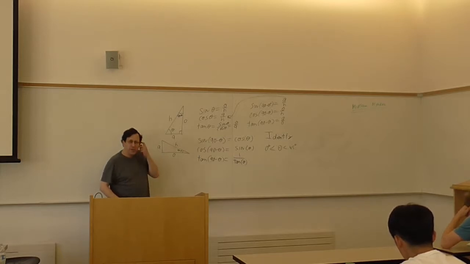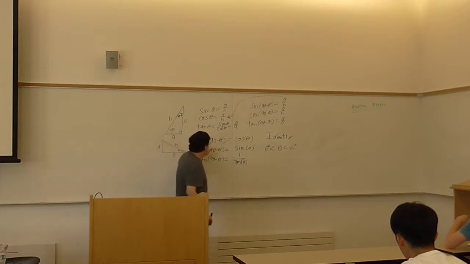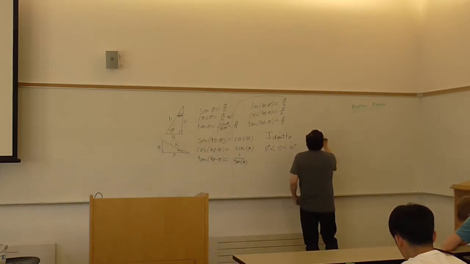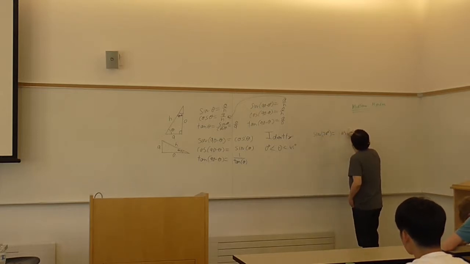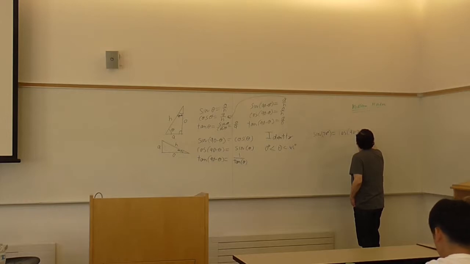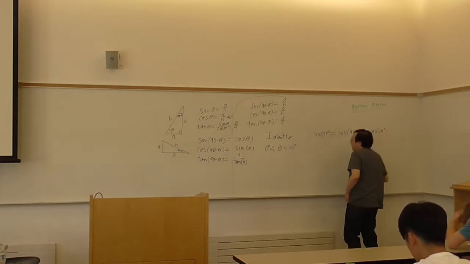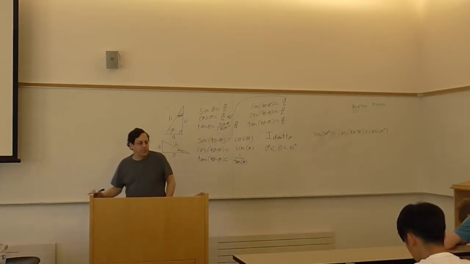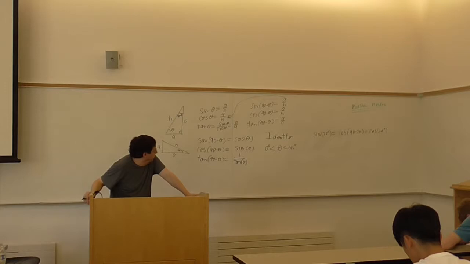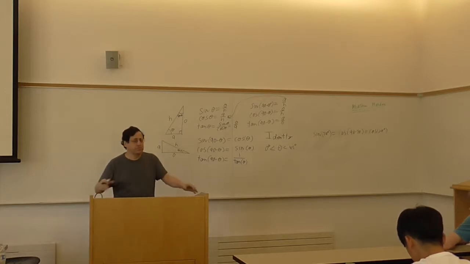So if we wanted to find, let's say, the sine of 70 degrees, well, that's equal to the cosine of 90 minus 70, or cosine of 20 degrees. So we really only need these values between 0 and 45 to have the whole table.